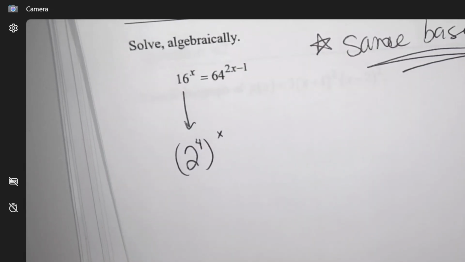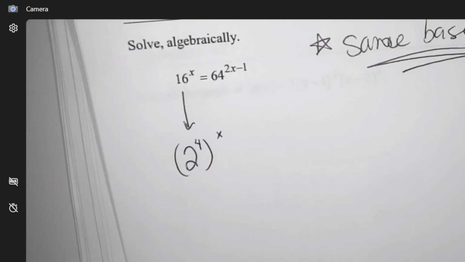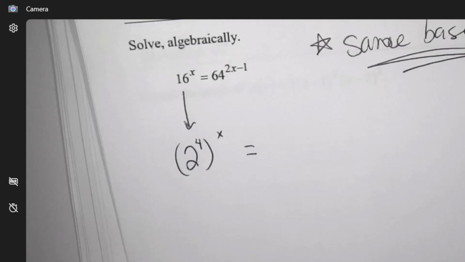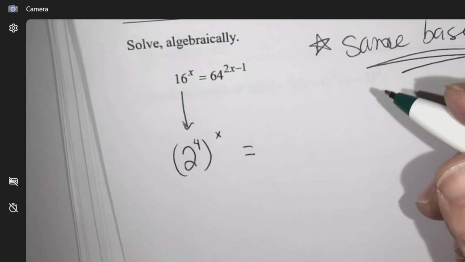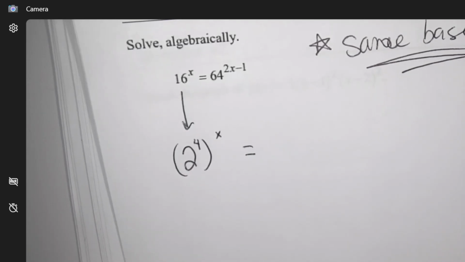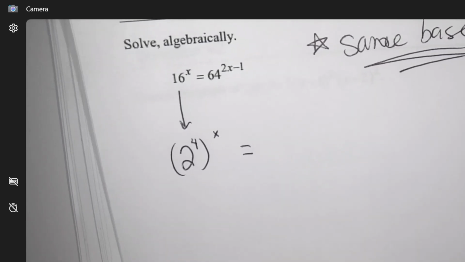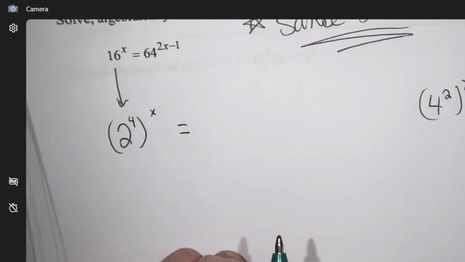I'd have to repeat it 4 times. 2 times 2 times 2 times 2 is 16. Yes, you're right. 4 also works because 16 is 4 squared, and 64 is 4 cubed.